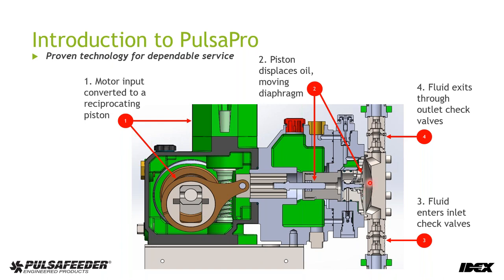Then on the discharge stroke, the check valves on the inlet will close and the check valves on the outlet will open. Therefore, as the piston reciprocates back and forth, chemical flow will be provided through the reagent head. So you can see there's a lot of intricate components in there. The PulsaPro metering pump is a precisely engineered product built for accurate and controlled chemical delivery.